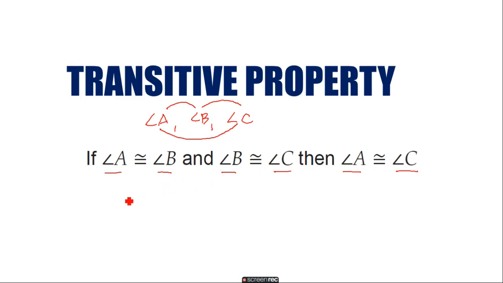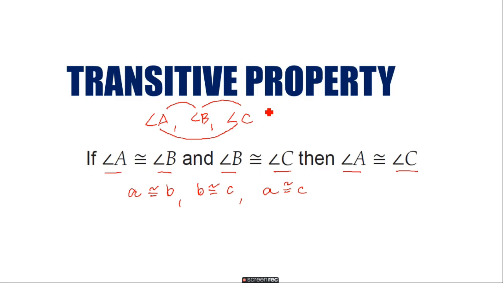Now, say for example, if A is congruent to B and B is congruent to C, therefore, what can we say? A is congruent to C, illustrating the transitive property. Okay, so those are the three properties of congruence.